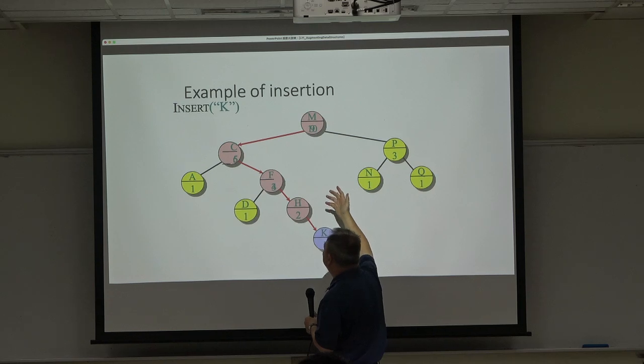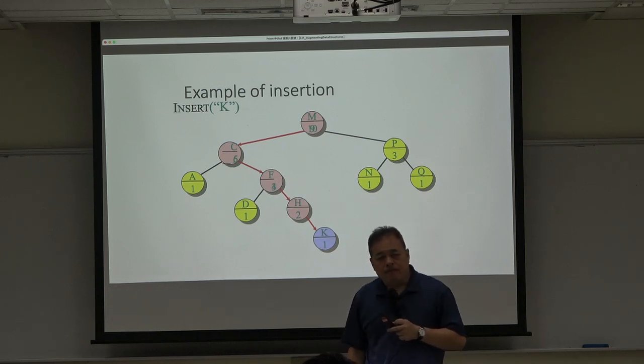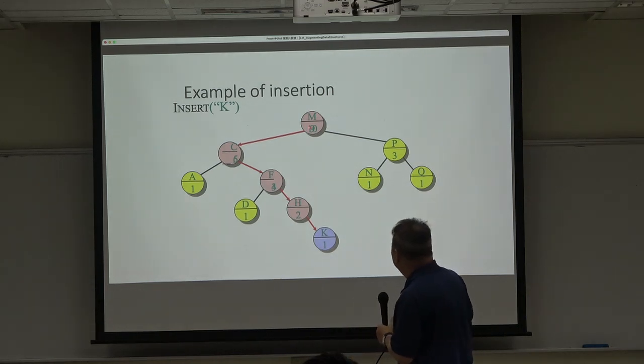You can first change the size when you are searching for the location to insert k. Because for k, you are going to go from here to here to here to here and to here. So you can see this one changes from 9 to 10, this one from 5 to 6, this one from 3 to 4, and this one from 1 to 2.